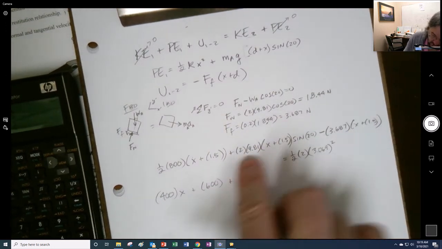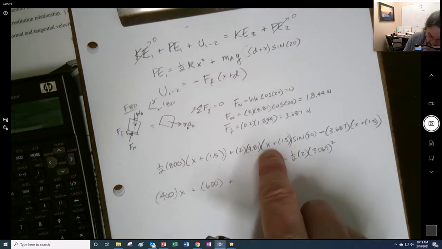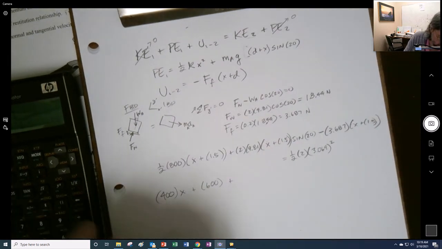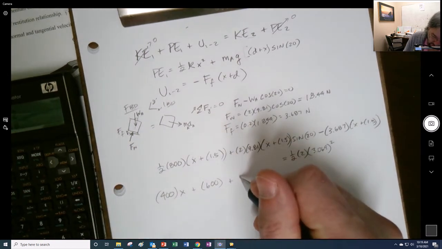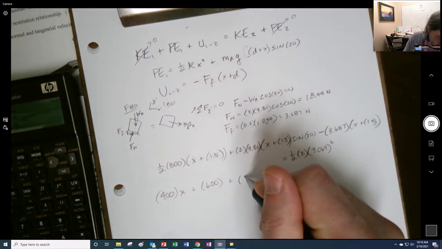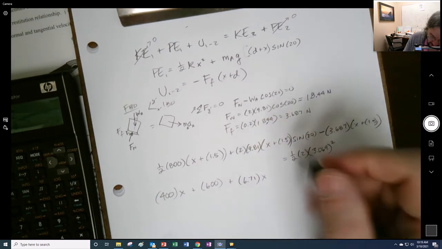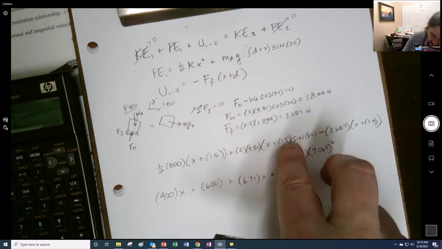Plus, so we're going to have 9.81 times 2, okay, 19.6 times that, times sine of 20. Right, so that's going to be 6.71 times x plus, so we have the same thing times 1.5.